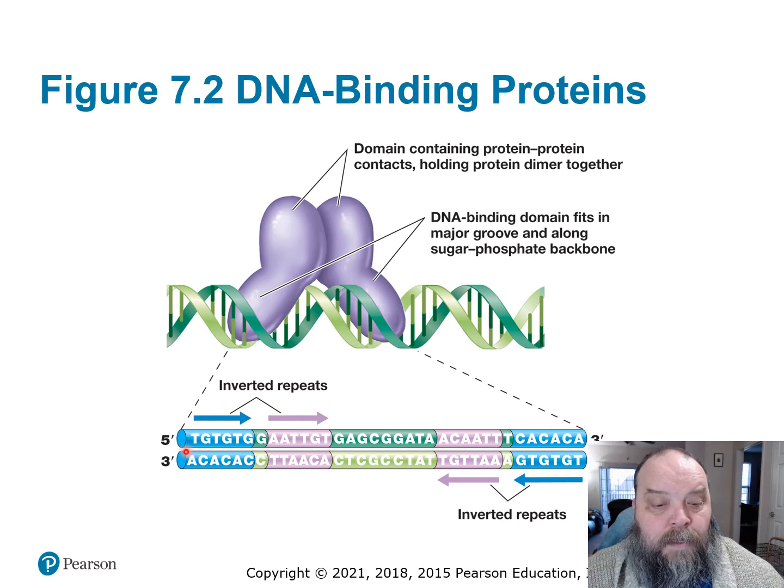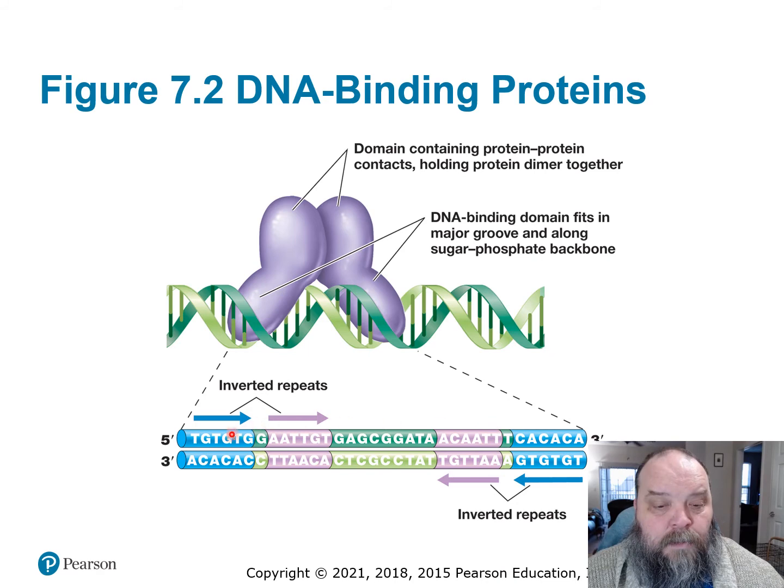The inverted repeats: notice TG, TG, GT. Hey, look, TG, TG, TTT. It's on the opposite strand going in the opposite direction. AA, TT, GT, TGTT, AA, same. Inverted repeats.